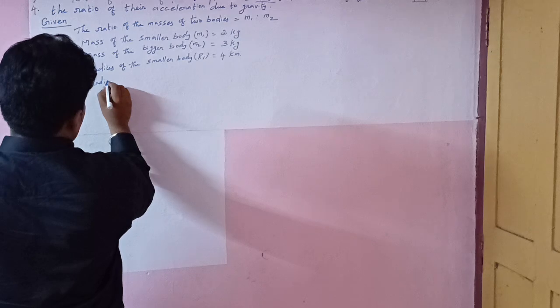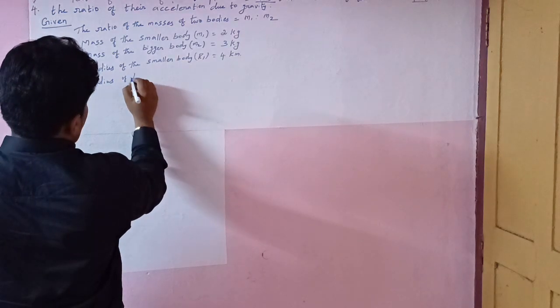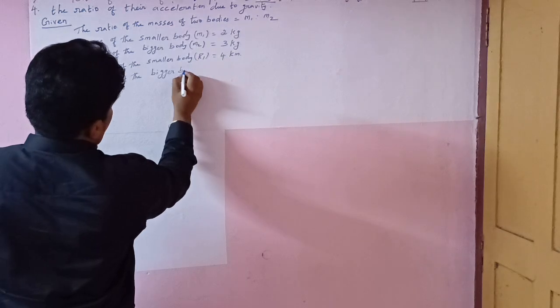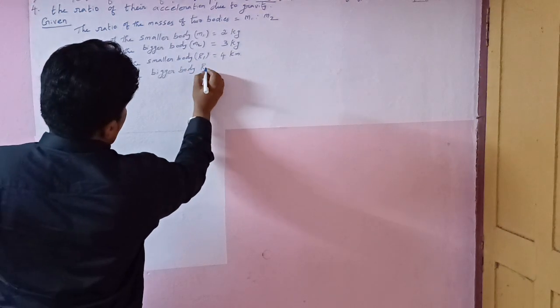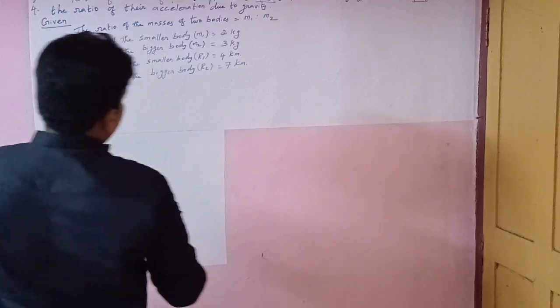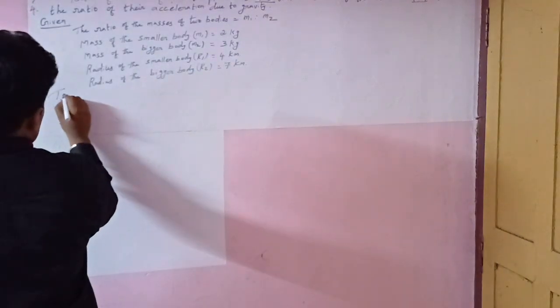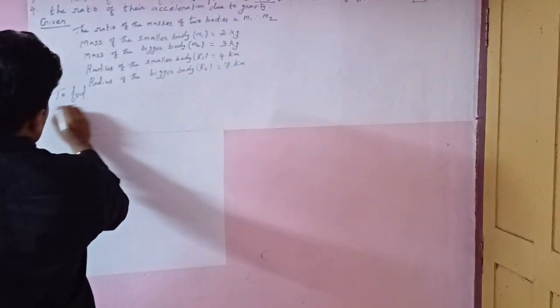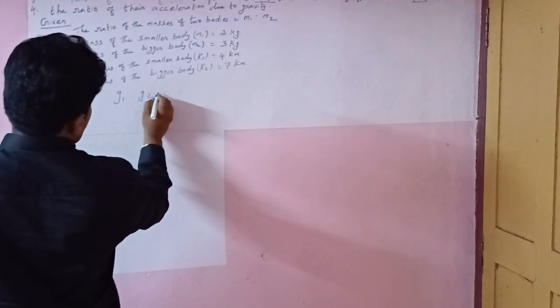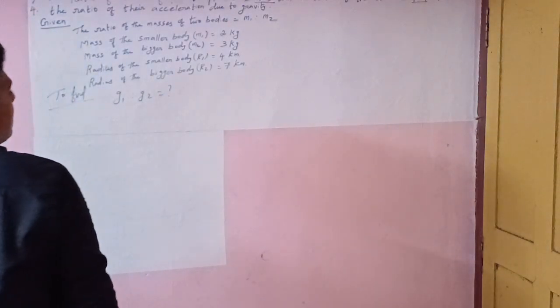The radius of the bigger body, r2, equal to 7 kilometer. Okay, we have to find g1 and g2. Okay, g1 is to g2.